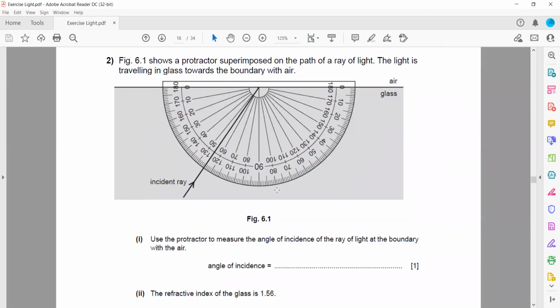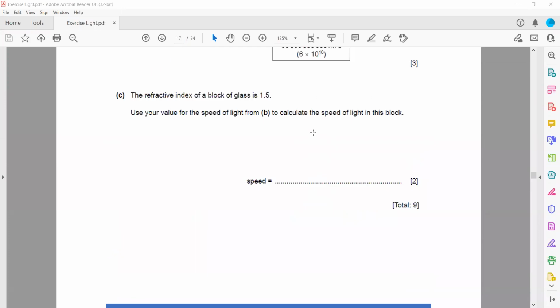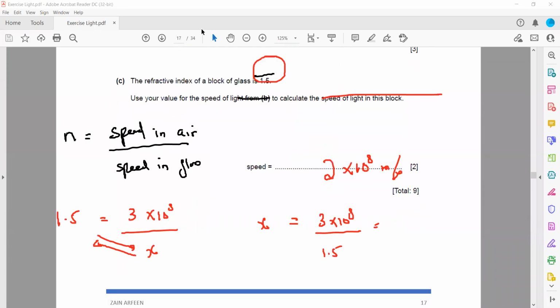Figure 6.1 shows a protractor superimposed on the path of a ray of light. We don't multiply, as you can see here. If you see this x, the formula is refractive index is speed of light in air divided by speed of light in glass. Refractive index is 1.5, speed of light in air is 3 exponent 8, and speed of light in a glass is x.